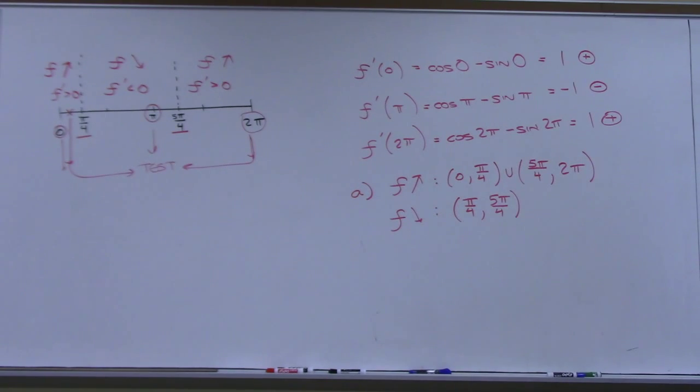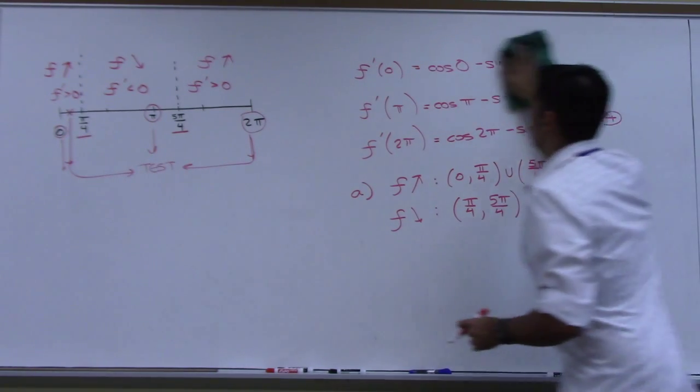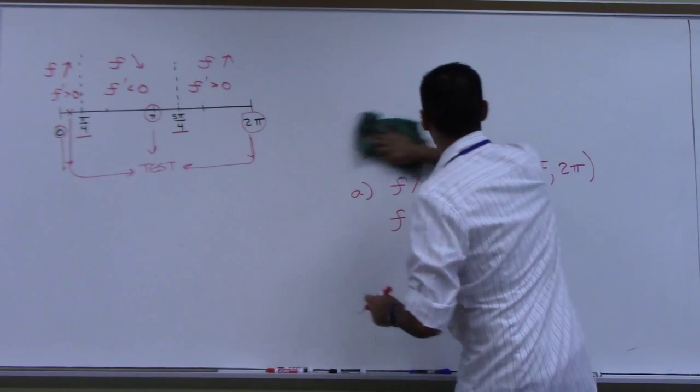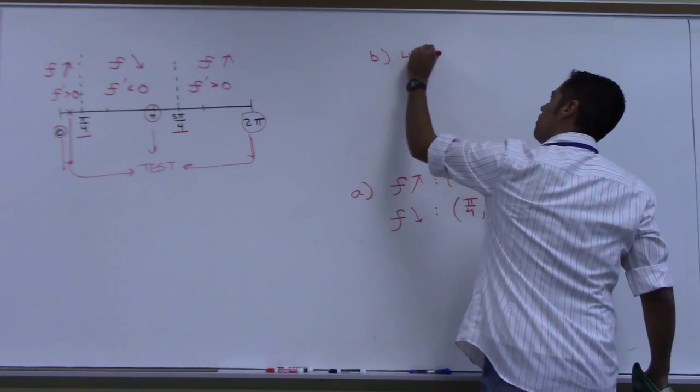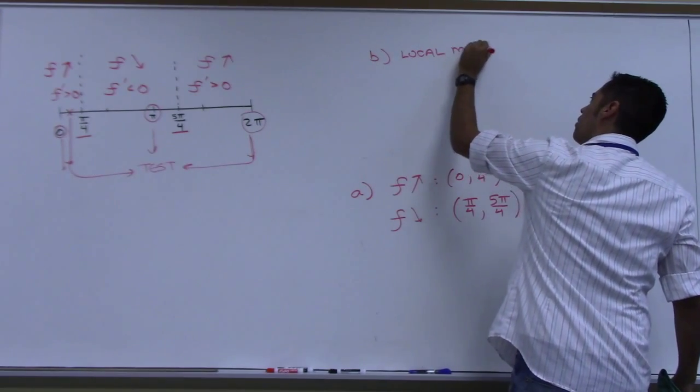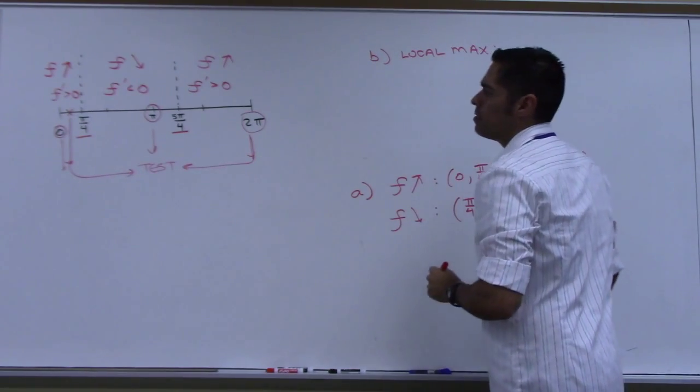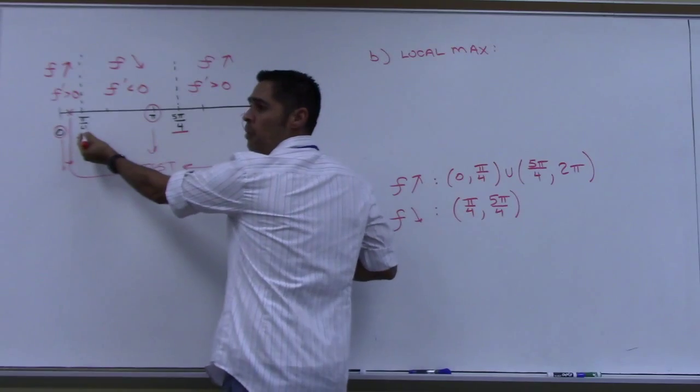Part B, were there any questions? Part B is asking where do we have a local maximum, where do we have a local minimum? So part B, do we have a local max? Where is it happening? Pi over 4, right?